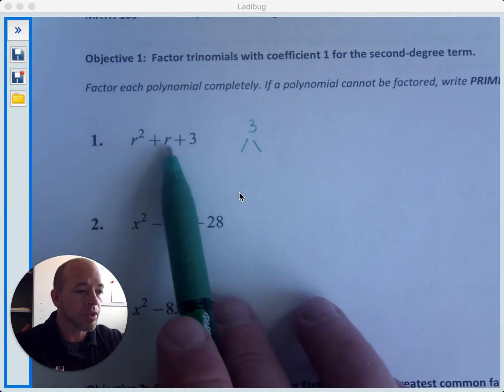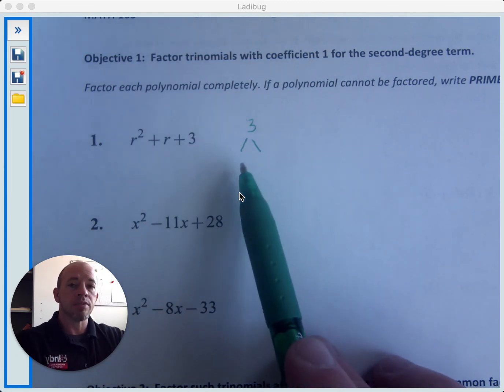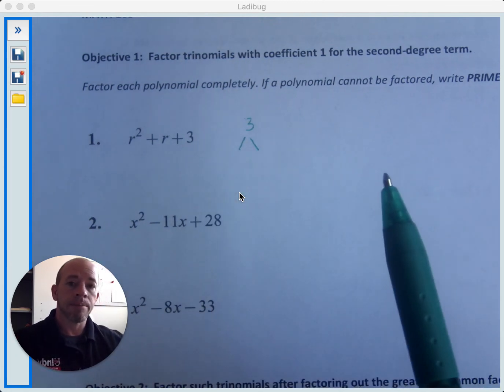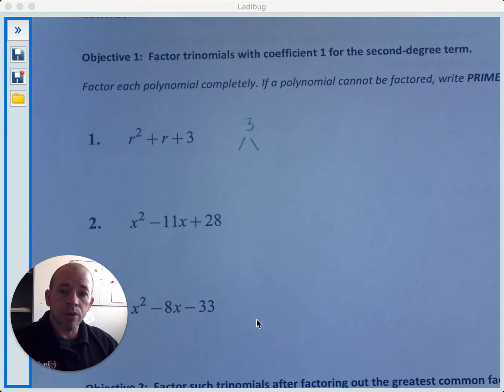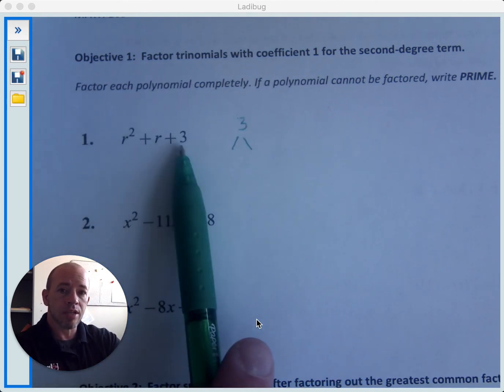So the coefficient is 1, right? Are there two factors of 3 that will add up to 1? The factors of 3 are really 1 and 3, or negative 1 and negative 3. And there's actually no way to get 1 from those factors, so this first one is actually unfactorable.